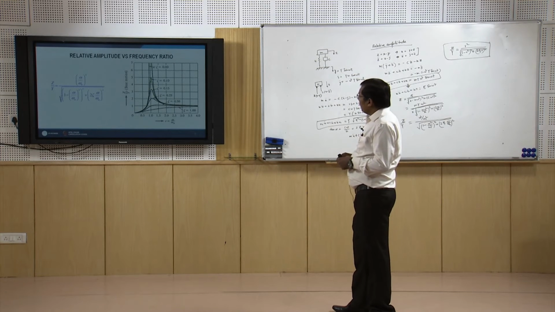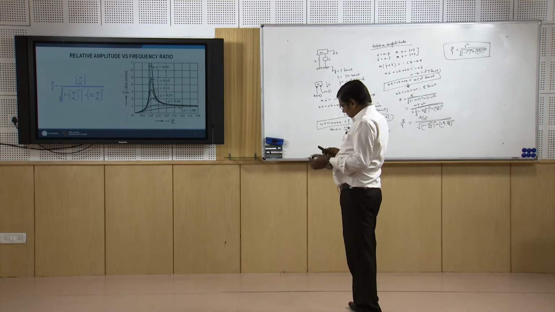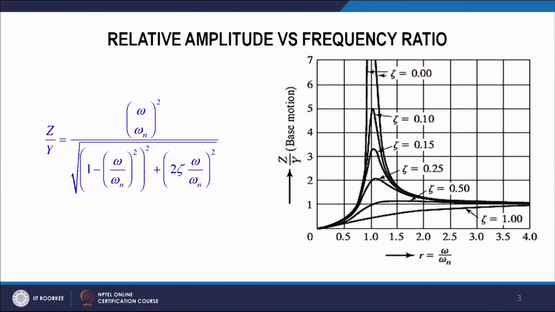and we see that this curve starts from 0, because when we put r equal to 0 it is 0. It reaches towards maximum values near resonance, and then when r is increasing it is tending towards z by y equal to 1.